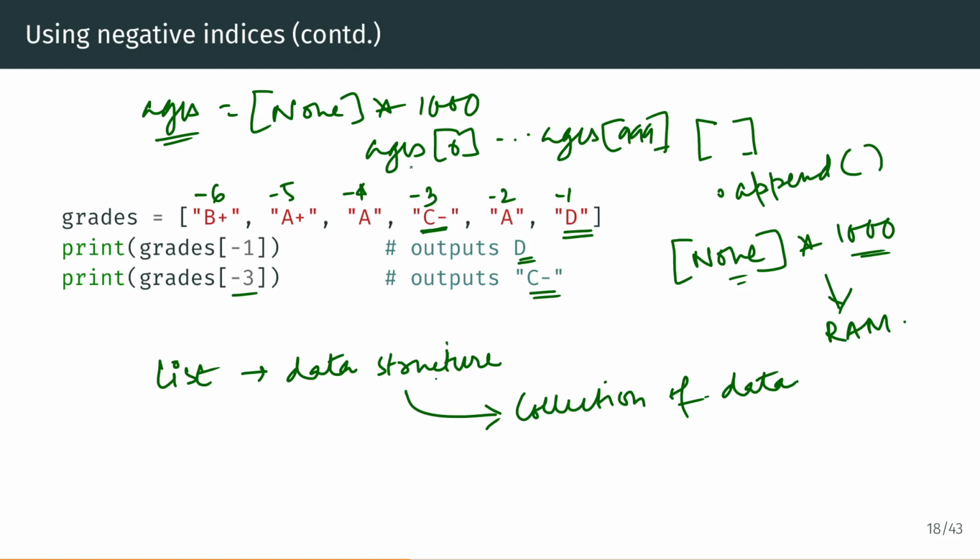So essentially it's like having 1000 variables, and each of the variables can be modified separately and accessed separately. You can do whatever you would normally do with a variable.